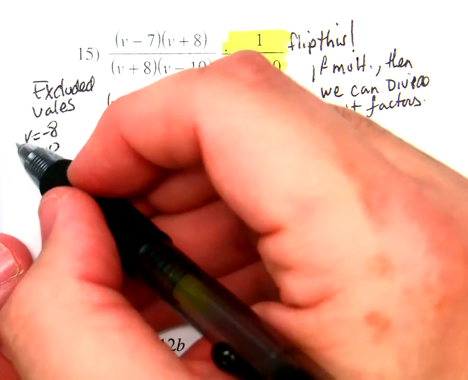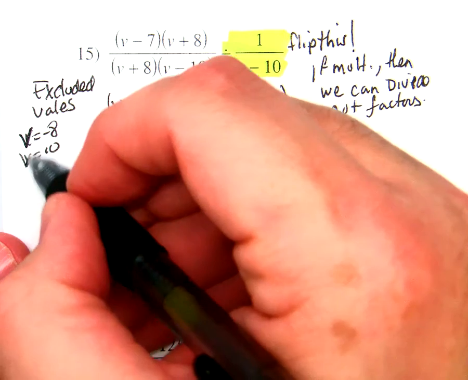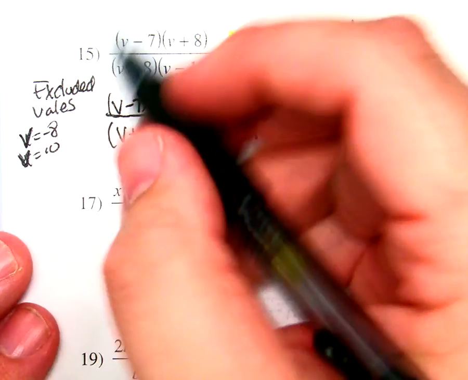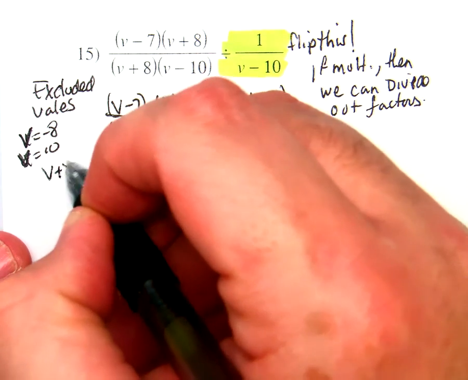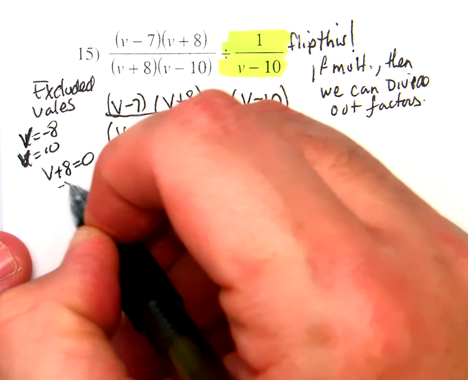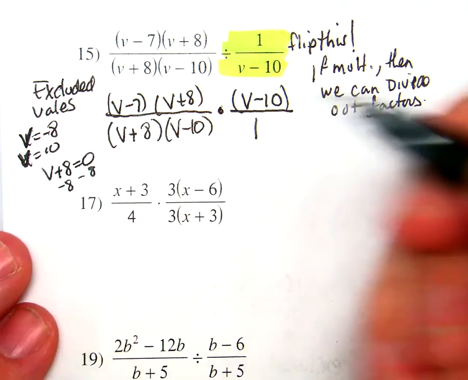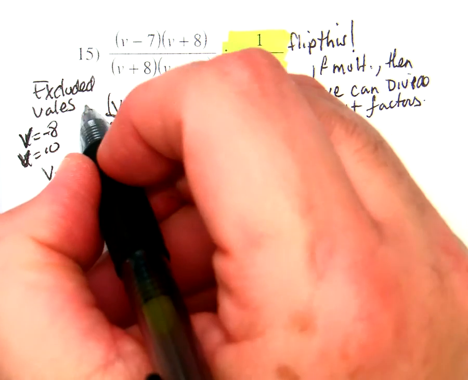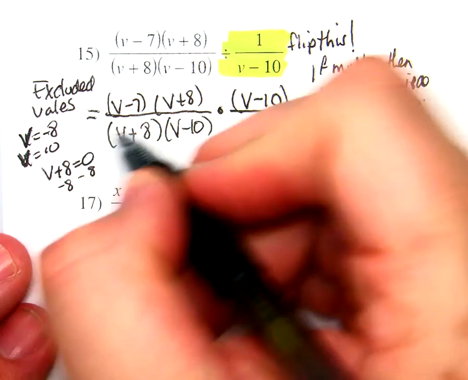If you can't see that, just say v plus 8 equals 0, subtract your 8, and then you'll get your negative 8. And then just do v minus 10 equals 0. And make sure when you do this you put an equal sign there because this thing is equal to this thing.